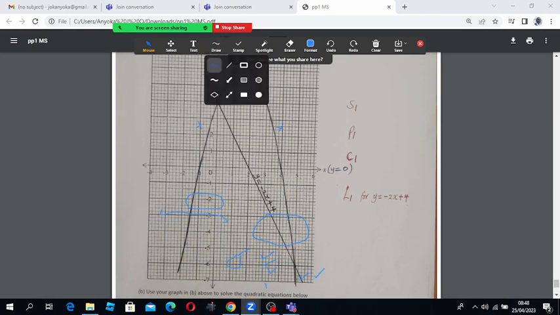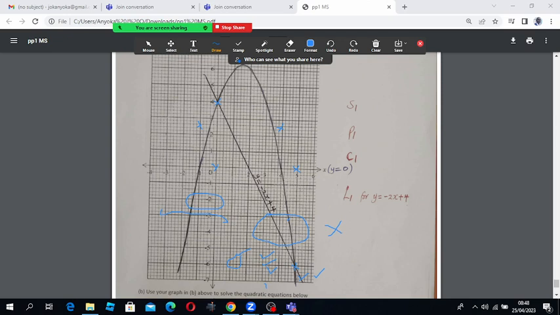Find the points where the line will cut the graph. Find the values of x. So this one gives us x is equals to 5, and here the value of x gives us 0.